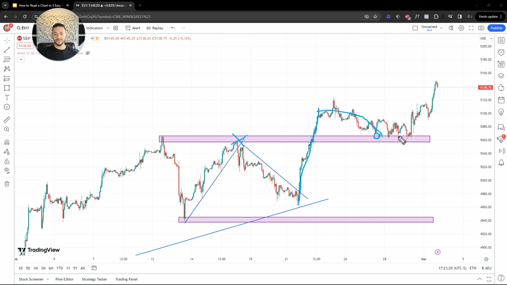It actually tested 3 times as support before continuing higher. So when we break resistance, price will test it as support. And when we break support, for example, if we broke through here, price will typically come and test it before continuing lower. So that is price action 101.